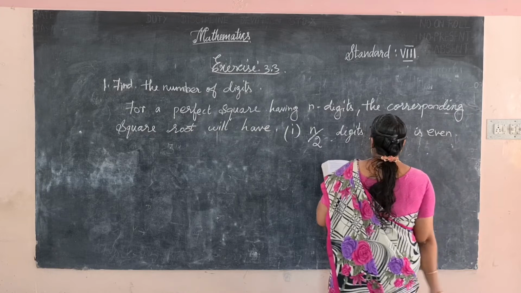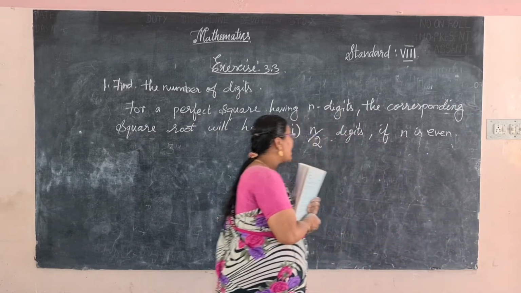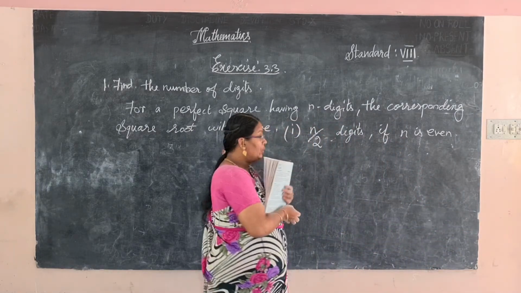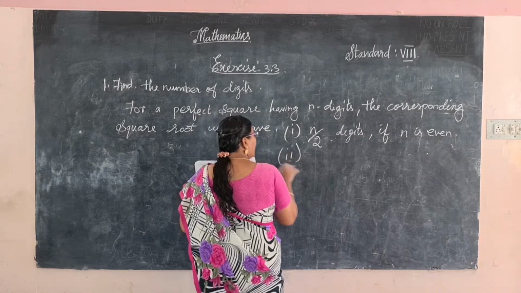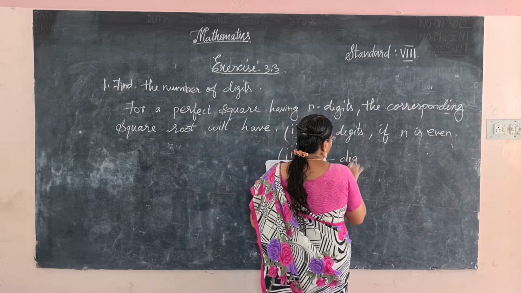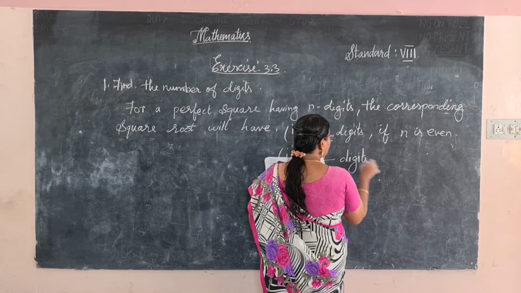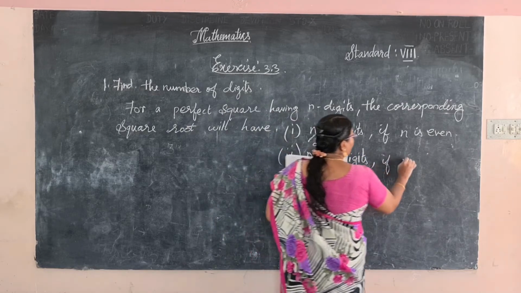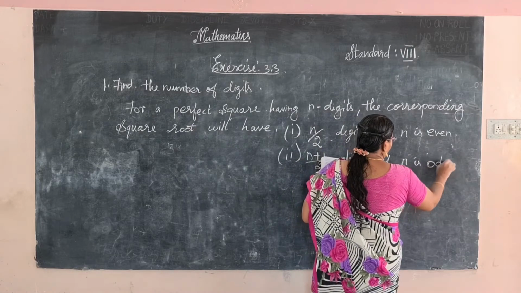What is the meaning? Even number, now what formula do we use? N by 2. And the second one, n plus 1 by 2 digits. We use this formula if n is odd.